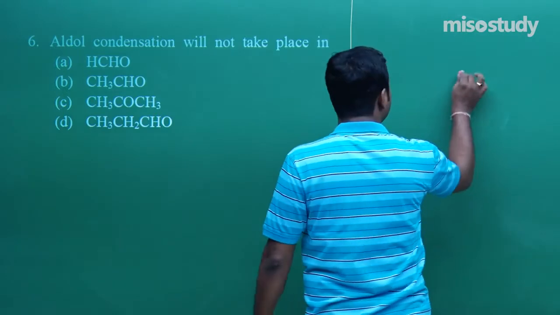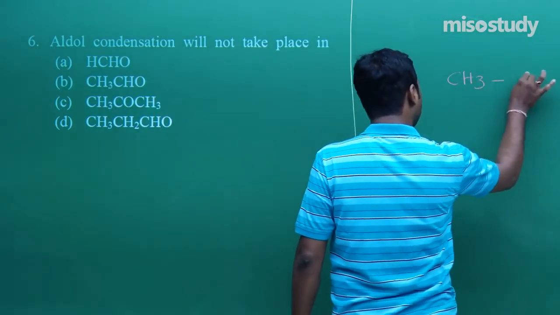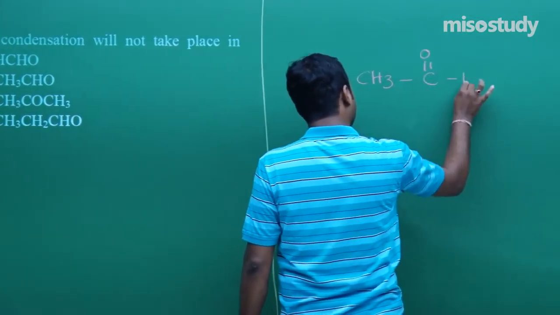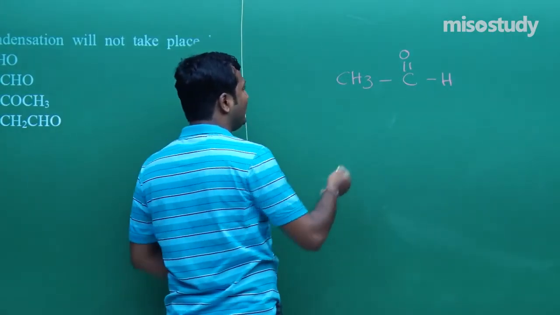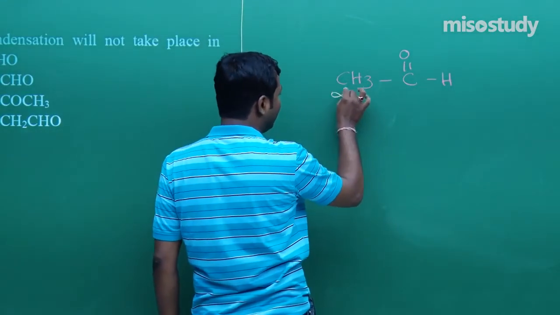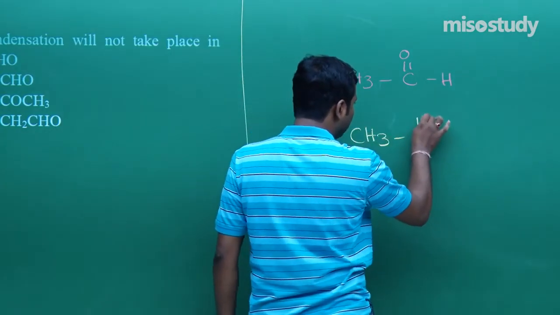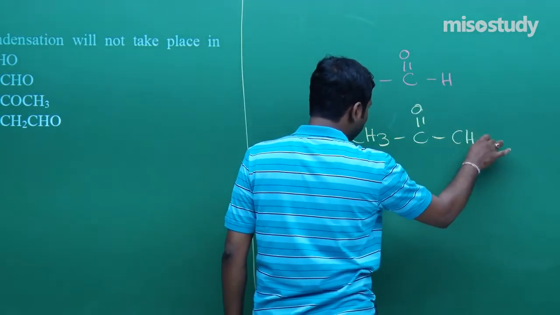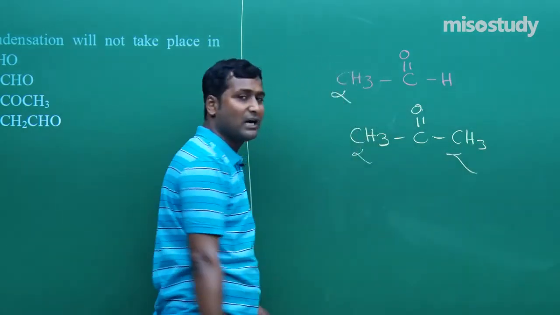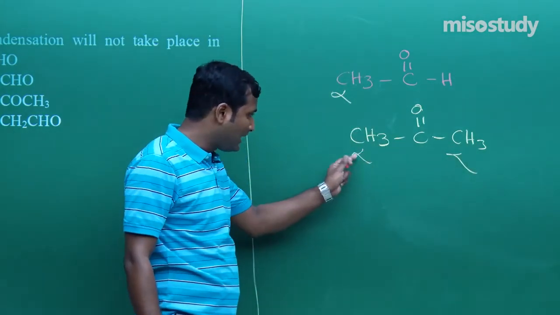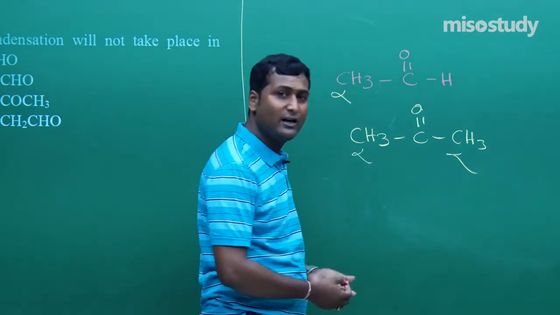If I talk about CH3CHO, clear to you? Look at this one, it is an alpha carbon, it contains alpha hydrogen. If I talk about CH3COCH3, this one is an alpha carbon, this one is an alpha carbon, and the hydrogen attached to the alpha carbon is known as alpha hydrogen.